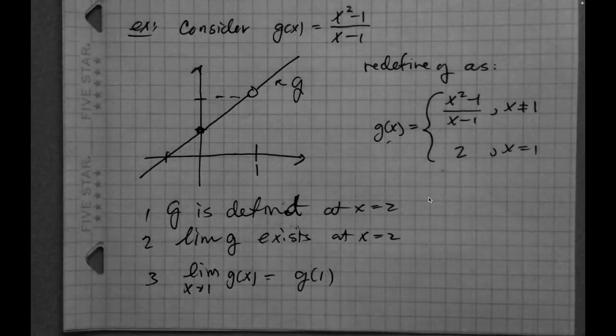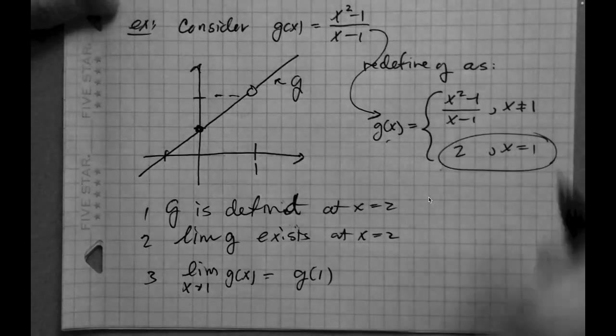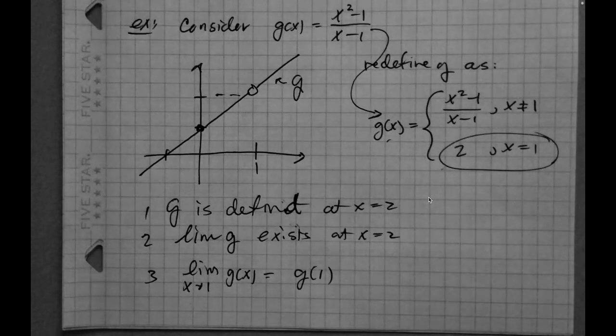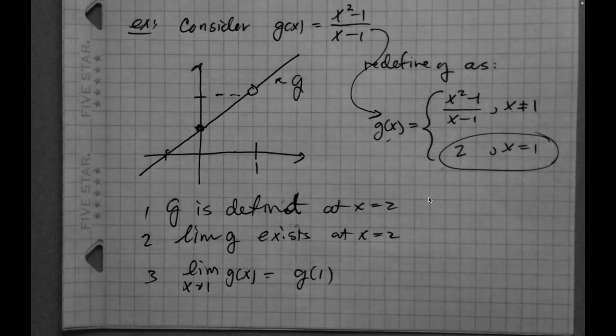Okay, so those three conditions make g continuous, and the way we did it was by redefining the function specifically at this point, x equals 1, in such a way that you get continuity, aligning the value of the function with the limit at that point. Okay, so it's usually very easy to see, especially if you plot a graph of the function. If you plot the function and examine it near the discontinuity, it's almost always very obvious whether the discontinuity is removable or not.